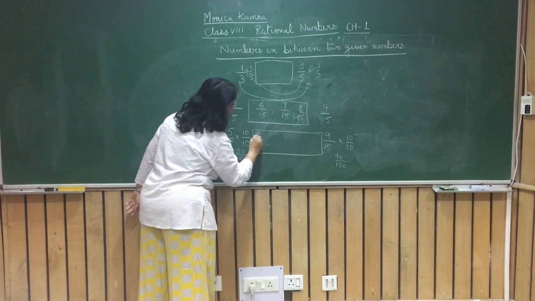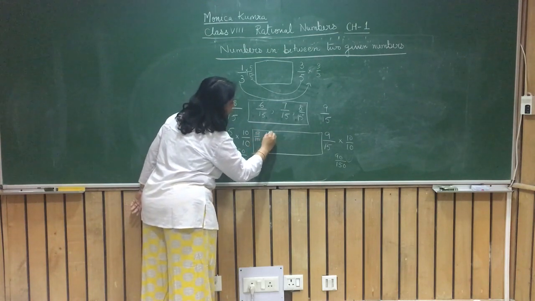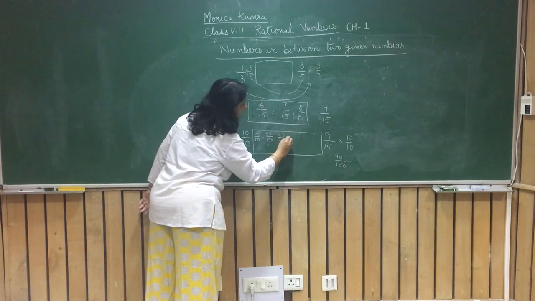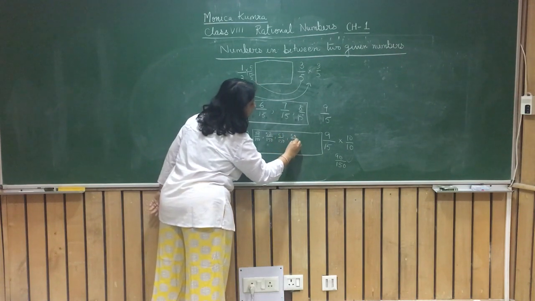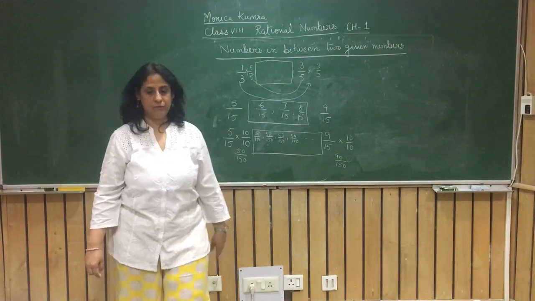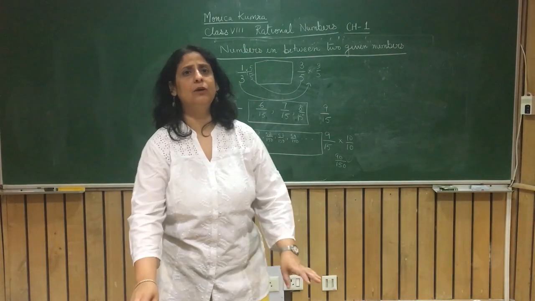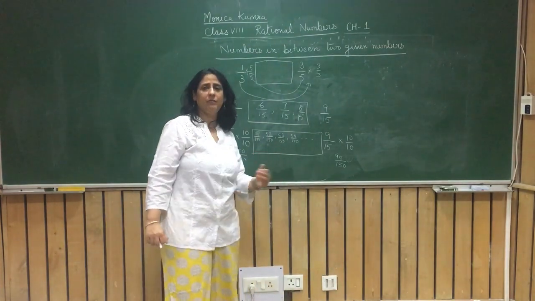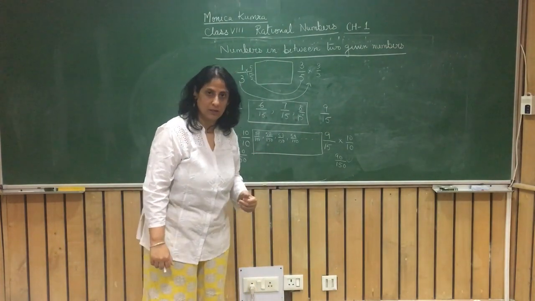So 51 upon 150, 52 upon 150, 53 upon 150, 54 upon 150 and so on up to 90 upon 150. So by this method you can write 10, 20, or however many numbers have been asked in the question.